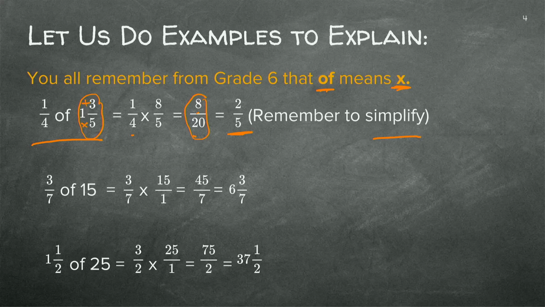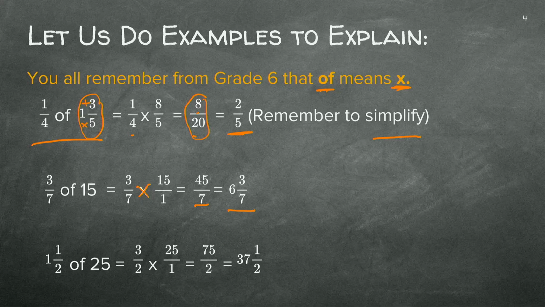So then it's 3/7 times 15/1. So all we have to do is multiply 3 times 15 is 45, and 7 times 1 is 7. And then we have to put it into a mixed number. It just looks neater. So if you do this into a mixed number, it is 6 and 3/7.